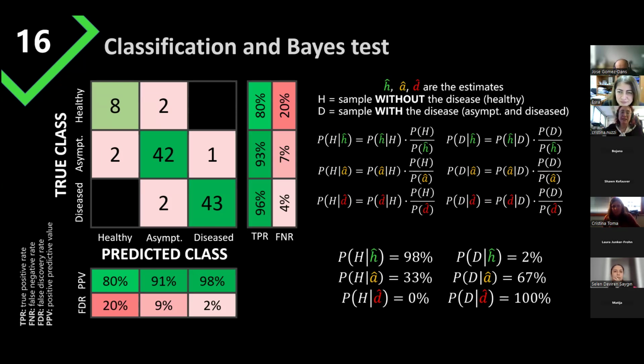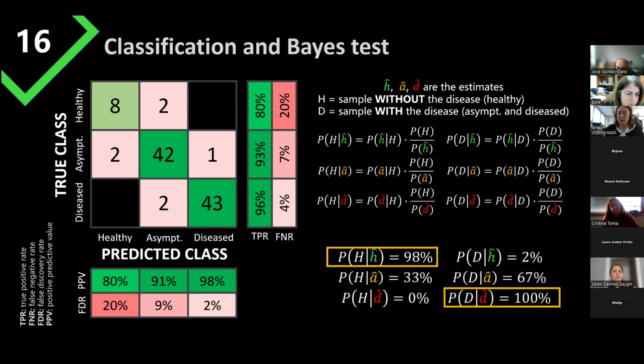Basically, using the results of the confusion matrix, we could say that the probability of predicting a sample as healthy when it is healthy was 98%, while at the same time predicting a diseased sample as diseased was 100%, so very nice.